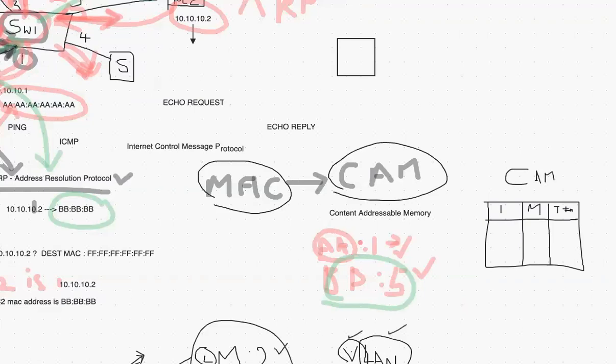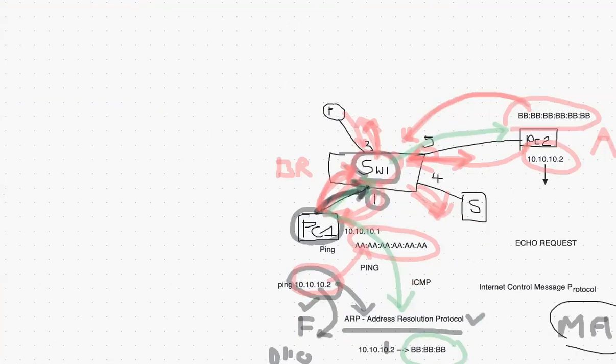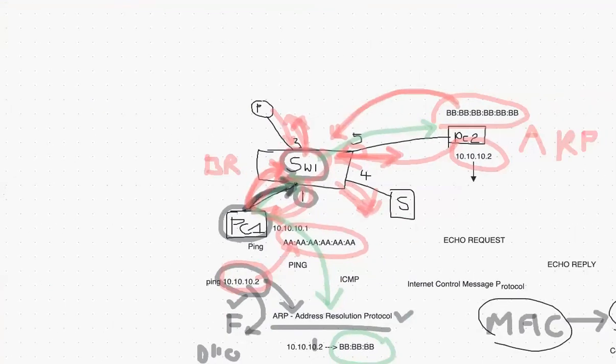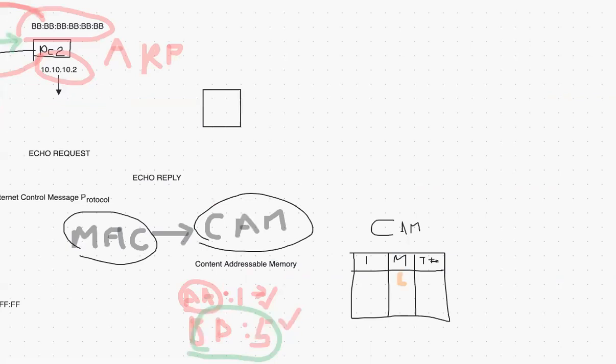So the switch will learn the information coming from the PC1, and it stores the PC1 MAC address in this MAC address table with what port number and what time it learned and what is the age of that MAC address. Is it like 5 minutes? Like that.